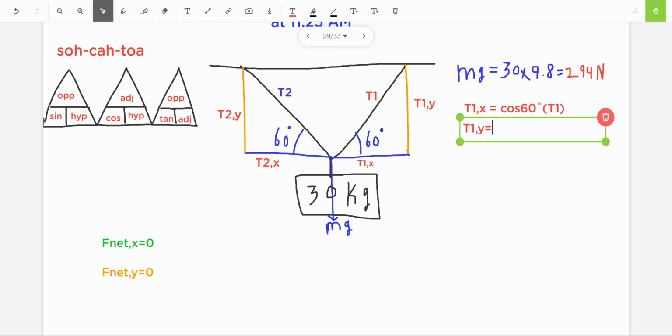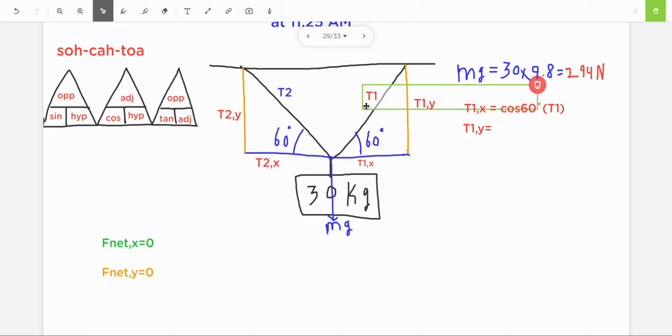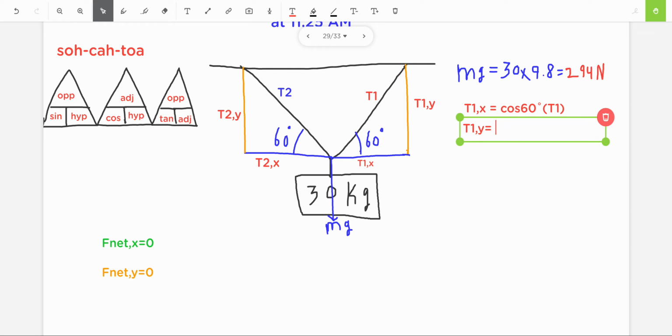As you can see, T1y is opposite to the 60 degrees, so here we will use sine. Wait, I will write it for you. Sine 60 degrees multiplied by T1.